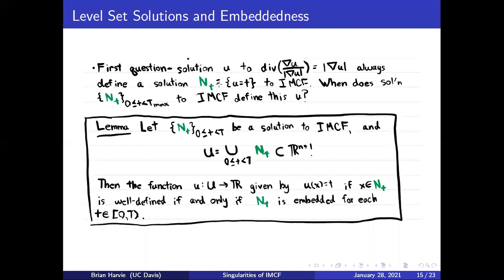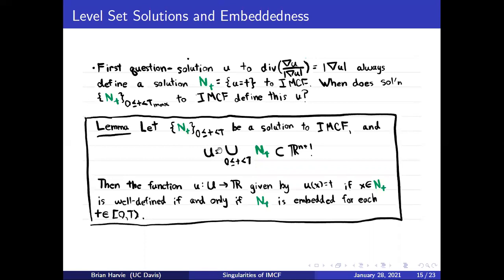But maybe let's flip this question around a little bit. If you have a classical solution to inverse mean curvature flow, when can you somehow use it to define a u that solves this PDE? Now, when I say define a u, think about the region that all of the flow surfaces N_t cover in R^(n+1).